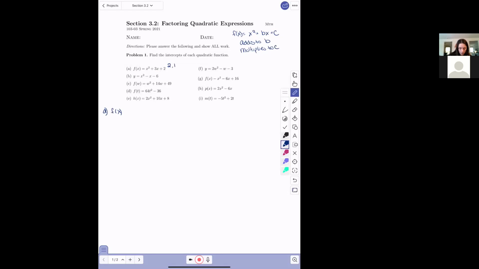Now, when we go to write this, so f of x equals, we're going to set up 2 binomials. Each are going to start with just x. And we can notice that we have plus 3 and plus 2 happening here. So we're just going to add 2 to one of the x's and add 1 to the other x. We don't have to worry about the signs. Any questions on that?